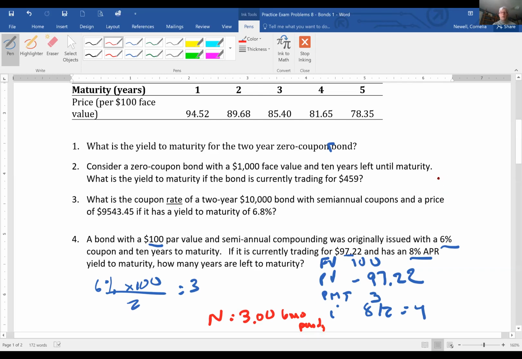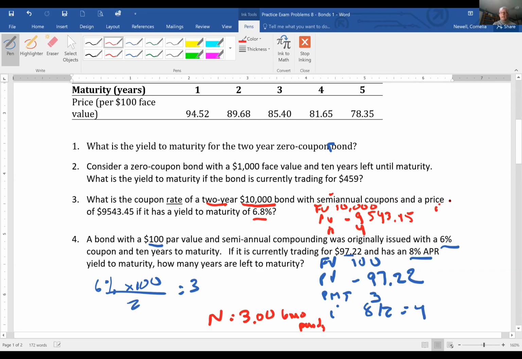And for number 3, face value is 10,000. It's semi-annual coupons. Present value is minus 9,543.45. 2 years semi-annual means N is 4.